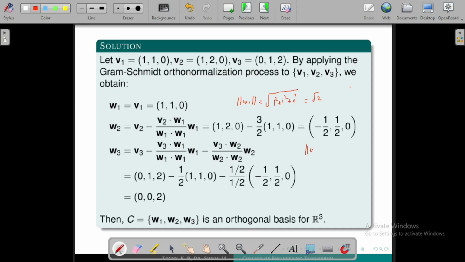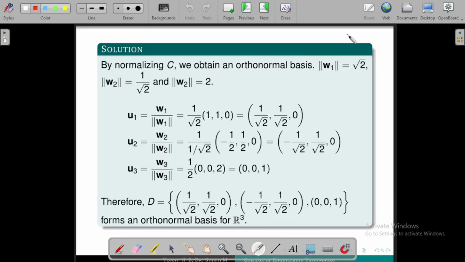Similarly, the norm of w2 becomes the square root of (minus 1/2) squared, that is 1/4, plus 1/4 plus 0, that is root of 2/4, that is root of 1/2. Likewise, you can find the norm of w3 also. So we have norm w1 equal to root 2, norm w2 equal to 1 by root 2, and norm w3 equal to 2.